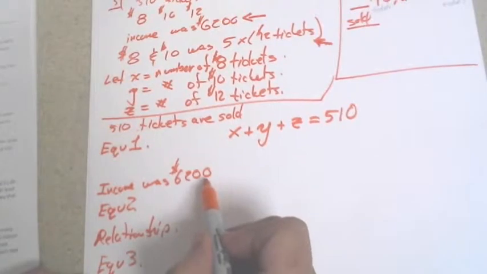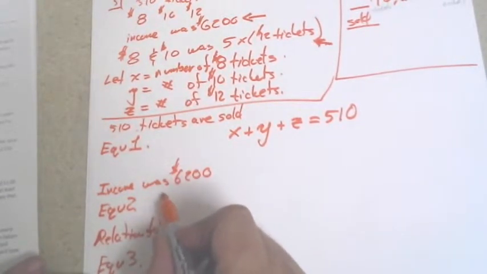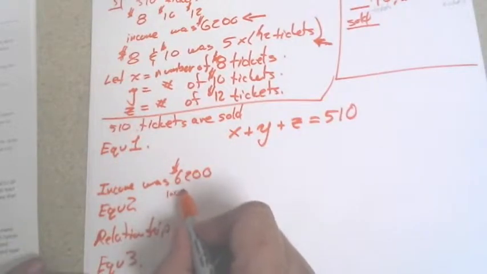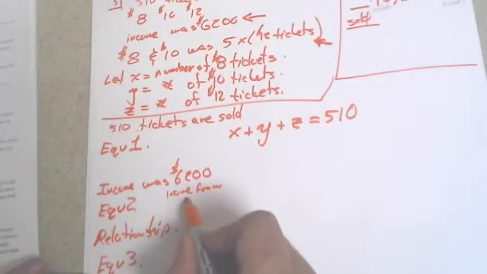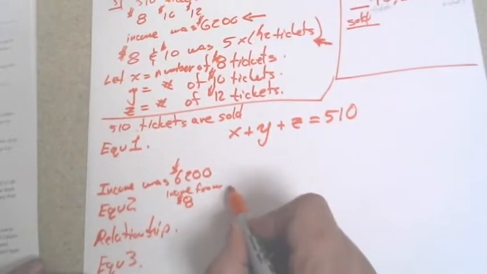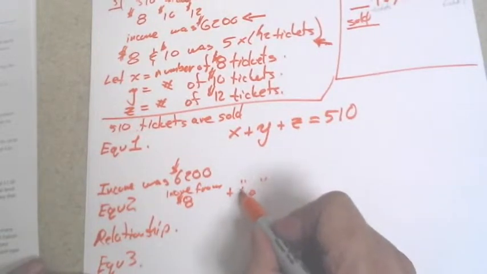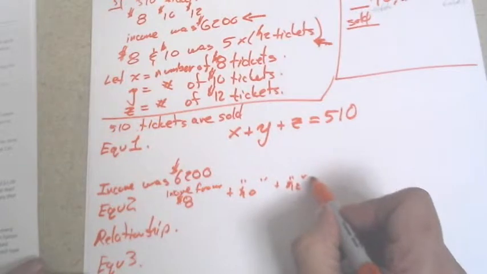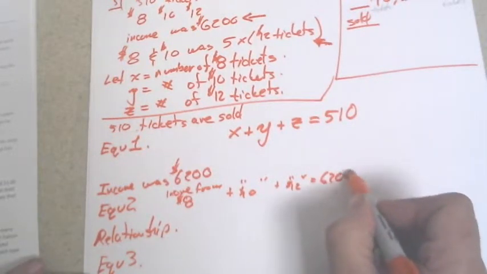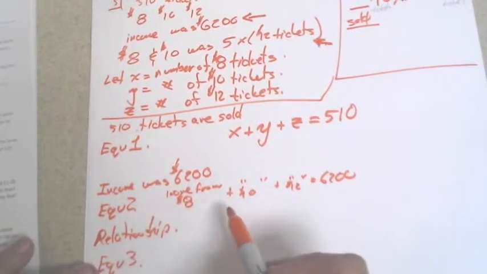Now, income. We know the income is going to be the income from the $8 tickets plus the income from $10 tickets plus the income from $12 tickets has to equal 6,200. So how do we figure out how much income we get from $8 tickets?